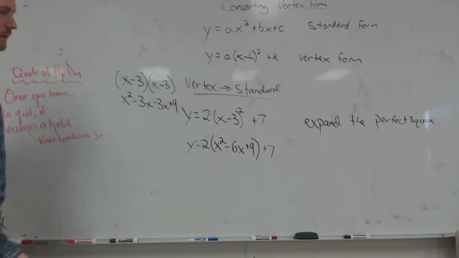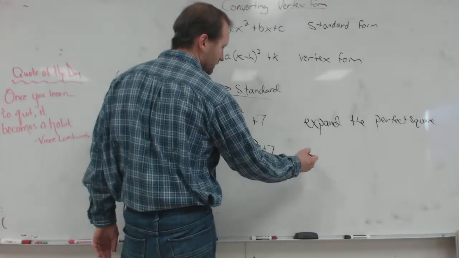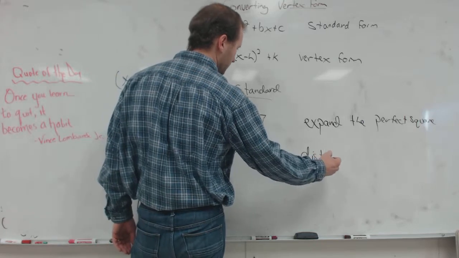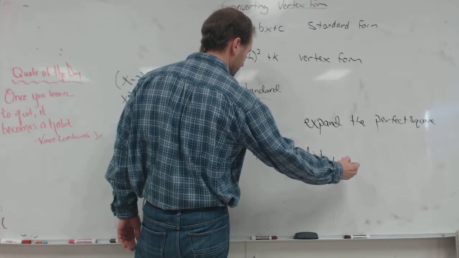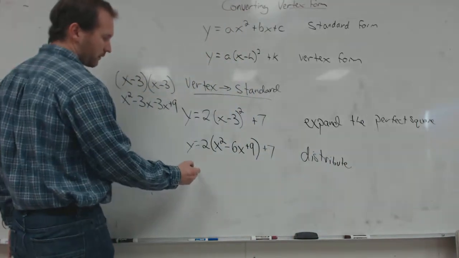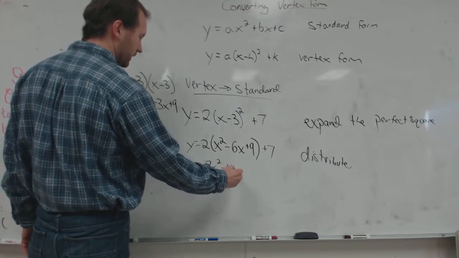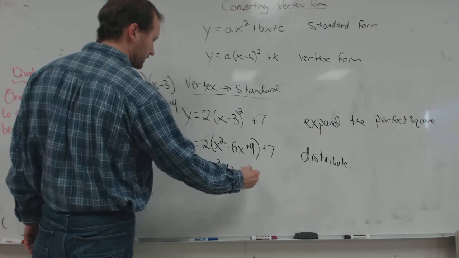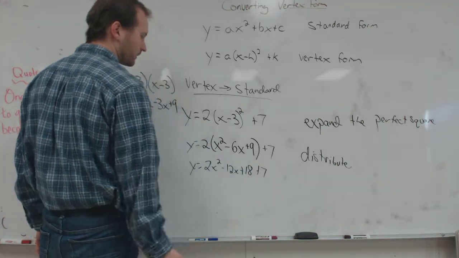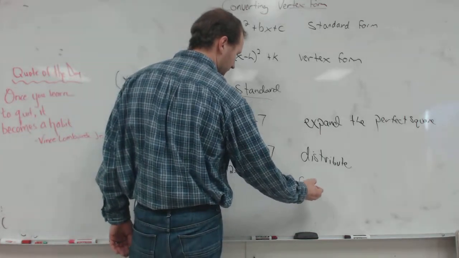Okay. And then the next step is just to distribute. So we have y equals 2x squared minus 12x plus 18 plus 7. And then the last step is to combine like terms.